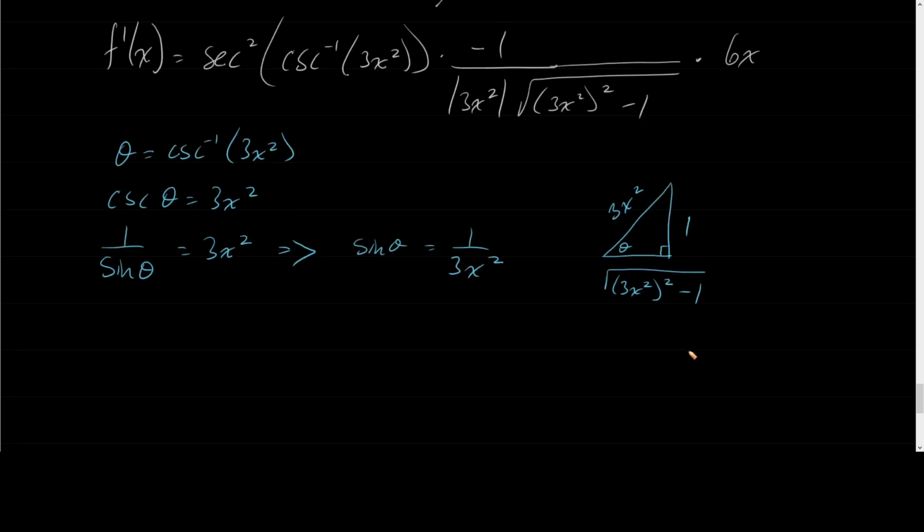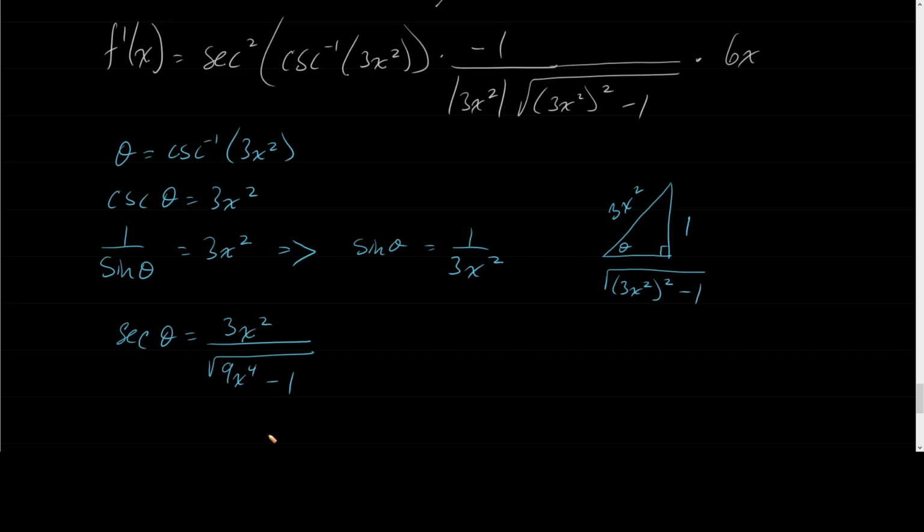So from there, now I can figure out what secant of that is. So I can figure out secant squared. So secant theta. So secant is 1 over cosine, right? The reciprocal of cosine. And from SOHCAHTOA, cosine was adjacent over hypotenuse. So the reciprocal would be hypotenuse over adjacent. And 3x squared is really 9x to the 4th.